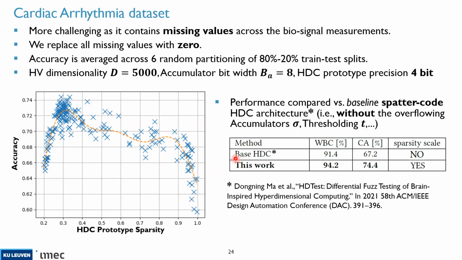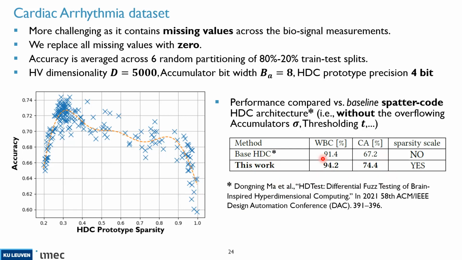But it's interesting to compare the performance of what support HTC is able to give us to baseline HTC systems that are using, for example, the spatial code approach. For that, we use an open source implementation recently published in this work, and we see that the support HTC framework reaches a higher accuracy than that baseline system.